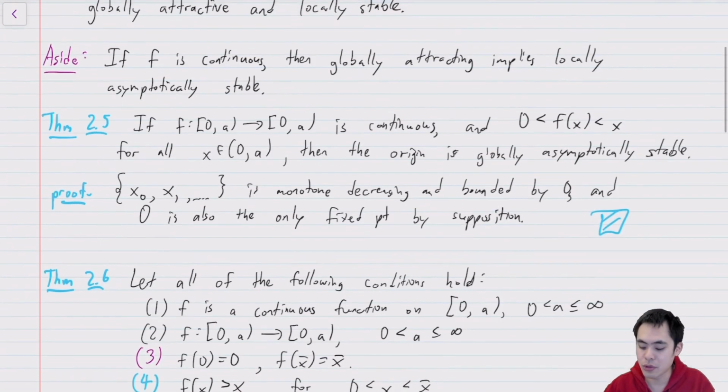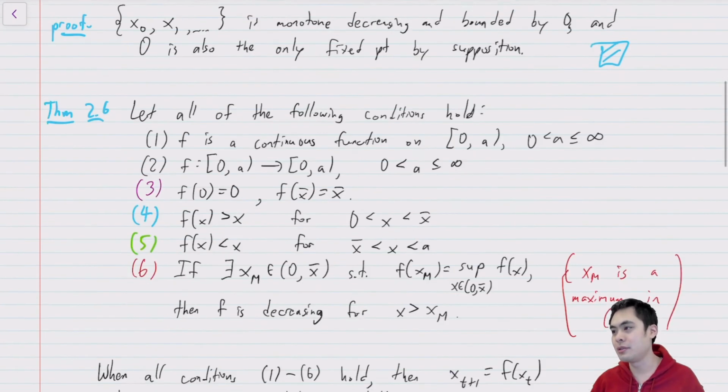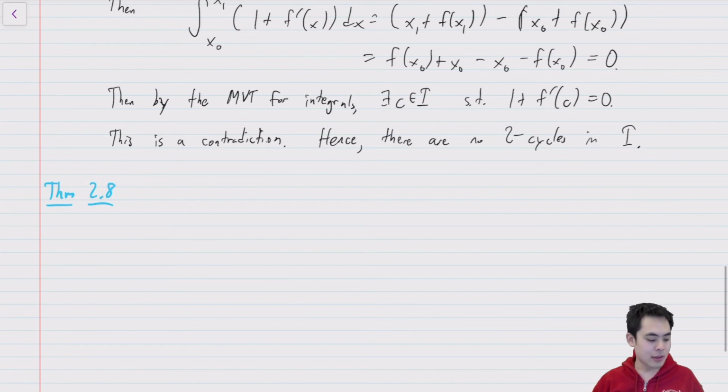In Theorem 2.5, we basically said that if every time you apply f of x you decrease the value down to 0, then 0 is globally asymptotically stable. Theorem 2.8 is similar, but it goes in both directions to some value x bar that's not equal to 0.